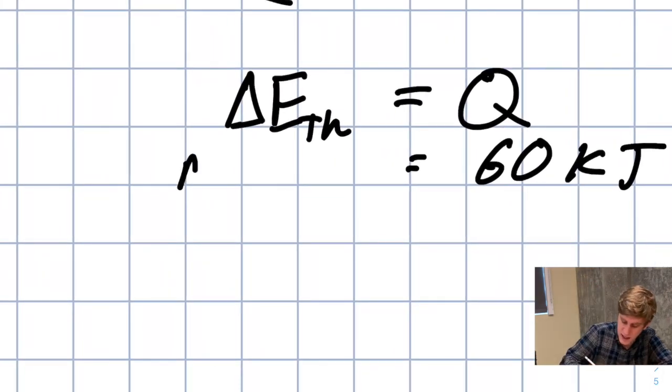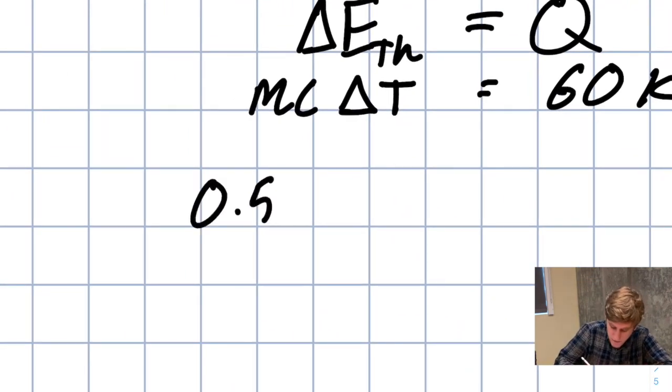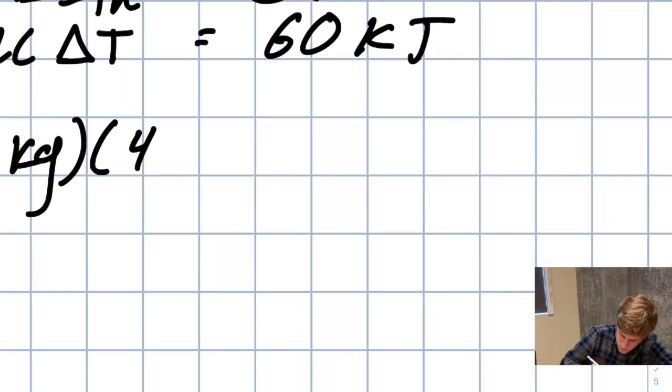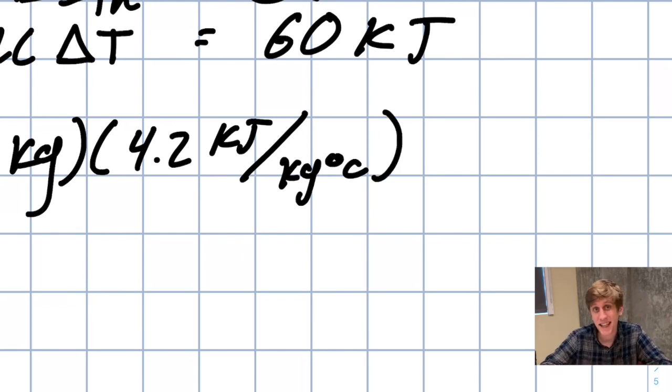Let's expand the left-hand side as well. The mass is still 0.5 kilograms. The specific heat of water actually changes as the water changes phase. Liquid water has the highest specific heat, while solid and gaseous water have lower specific heats. What about delta T? Well, delta T is always just the final temperature minus the initial temperature.